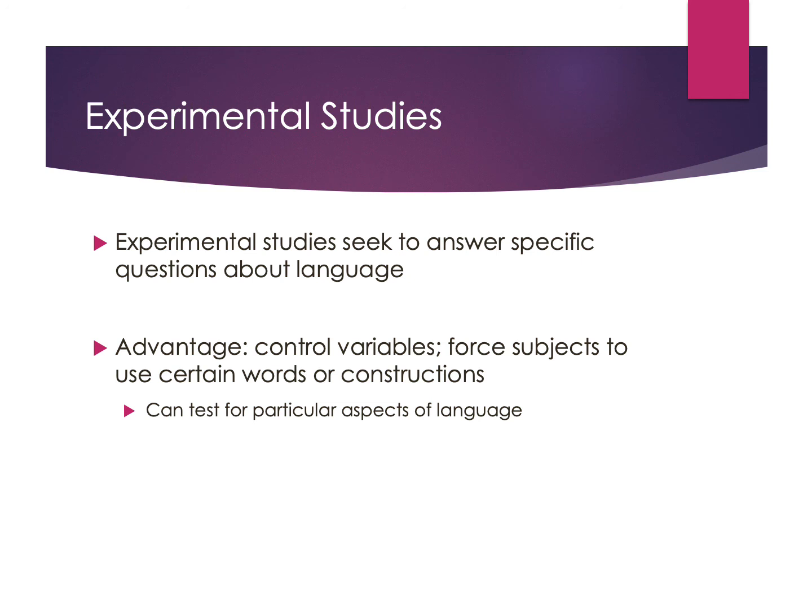You can create a test to get particular aspects of language usage. But these aren't always natural. There's a lot of lab artifacts. It's not the most comfortable setting a lot of times to be sitting in a lab and answering these very specific questions. So it doesn't always give you the most natural results when you're using these kinds of studies.